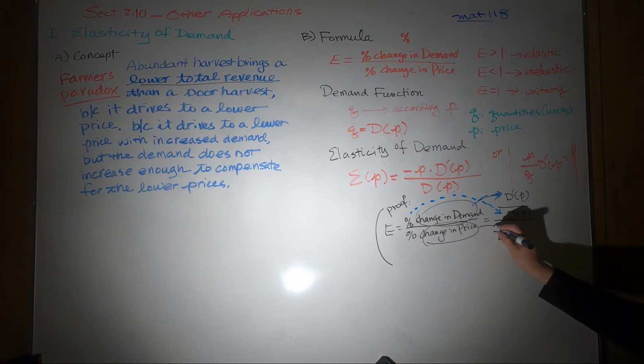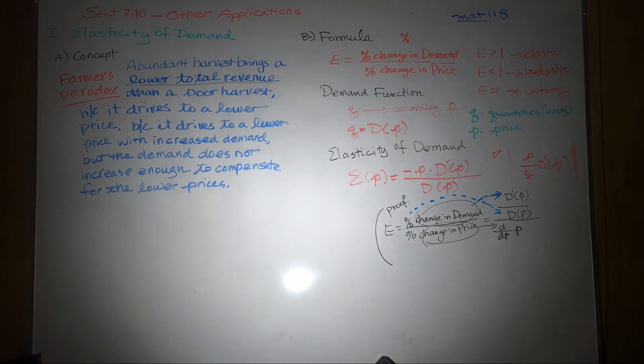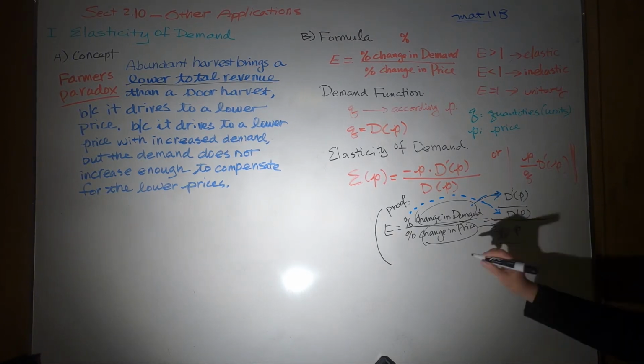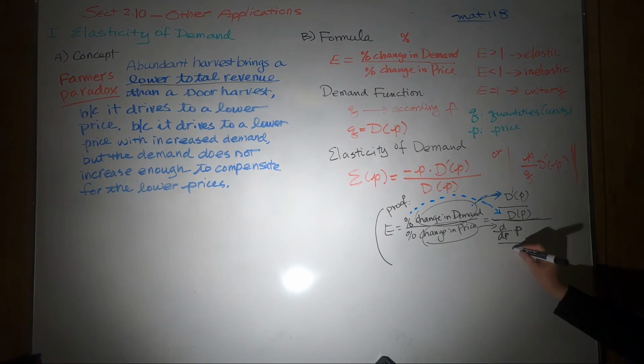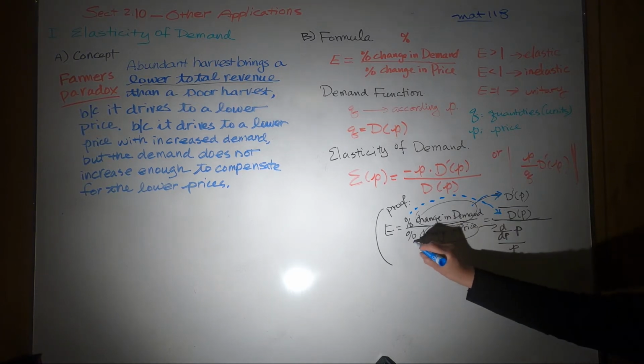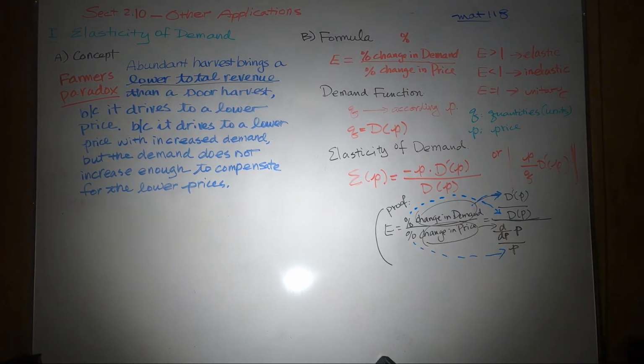Change in price is your derivative of price. And over, okay, over what? The percentage means compared to out of P, right? Then it becomes what? Percentage. Is that right?